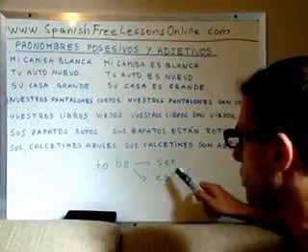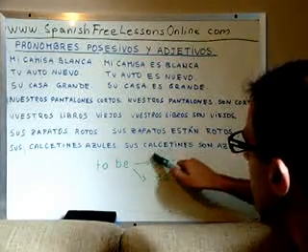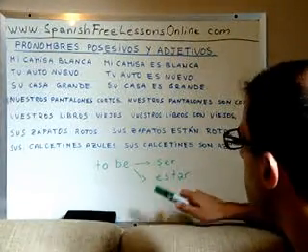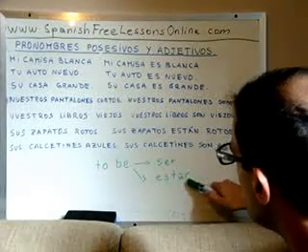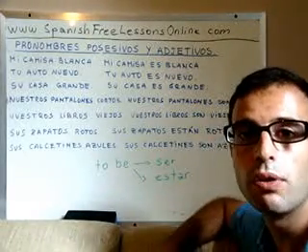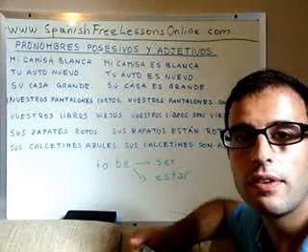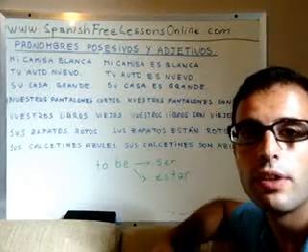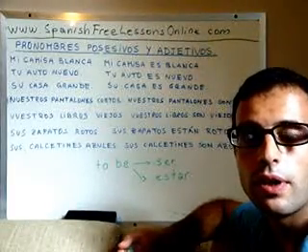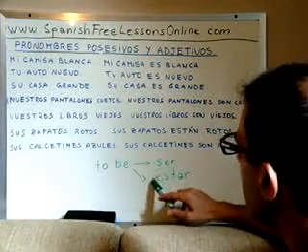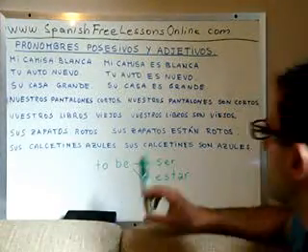I am a man. We are using the verb ser. But if I want to say, I am happy, I would say, yo estoy contento, right? Because feelings and states of mind are transitory and not permanent, right? So we use estar.